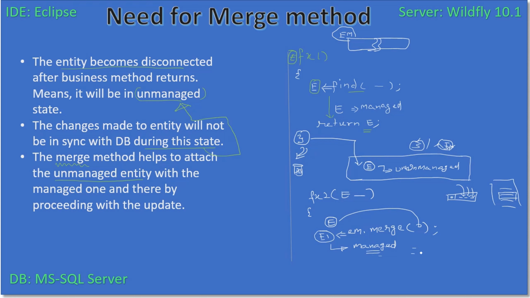Since E1 is a managed instance, if we make any change in E1, that will get applied towards the end, right? So E is in the unmanaged state, E1 is in the managed state. The change you make here will automatically be persisted. That means an update will run.